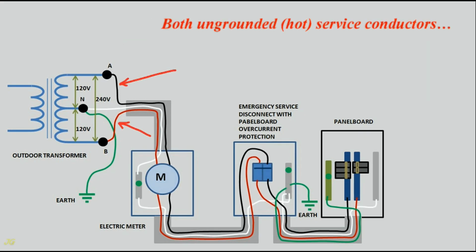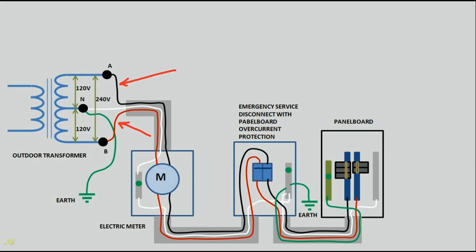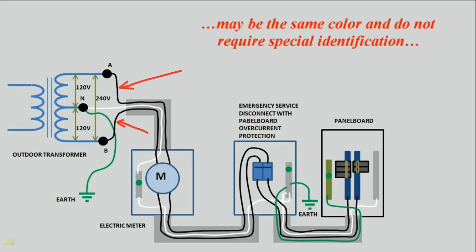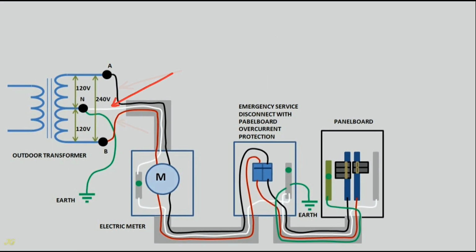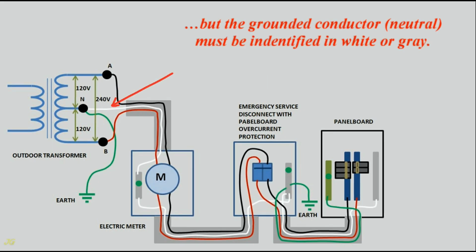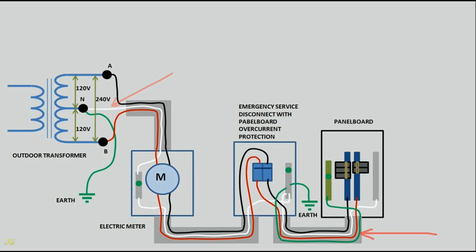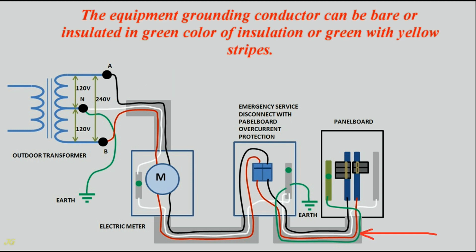Both ungrounded, hot service conductors may be the same color and do not require special identification. But the grounded conductor, neutral, must be identified in white or gray. The equipment grounding conductor can be bare or insulated in green color of insulation or green with yellow stripes.